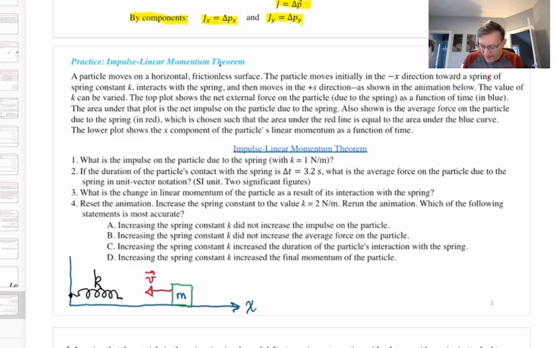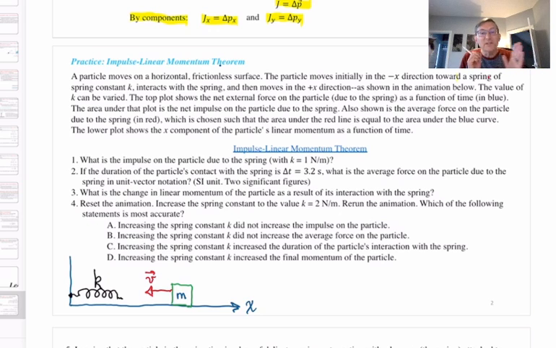So we can see what's going to happen. The block's going to keep moving to the left. It's going to come into contact with the spring and start to compress it. That's going to slow it down gradually, or smoothly. It will stop for one instant in time when the spring is at maximum compression. Then it will speed up, moving back in the plus x direction.